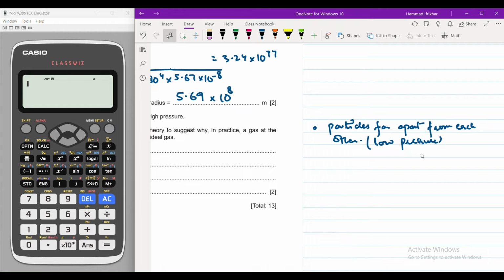This is one point, and because they are very far apart, the interactions are only limited to collisions, and there are negligible intermolecular forces between them. Since they're also far apart, the volume occupied by the particles themselves is negligible compared to the volume of space they occupy as a whole.